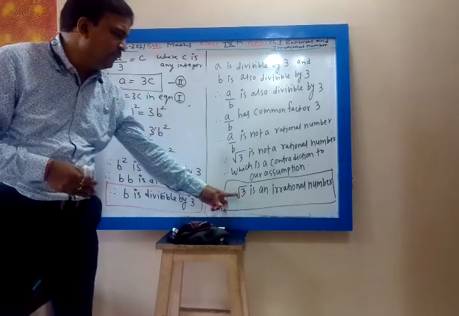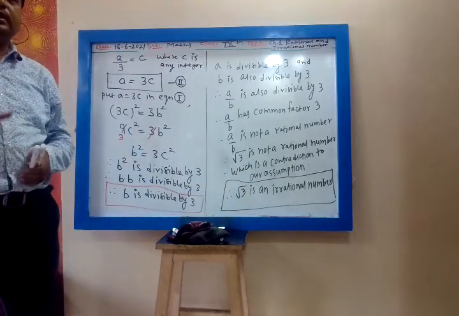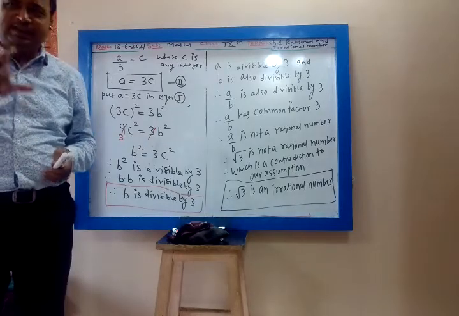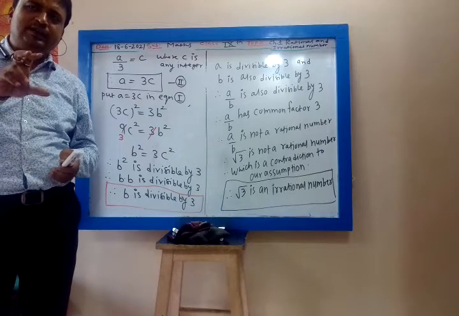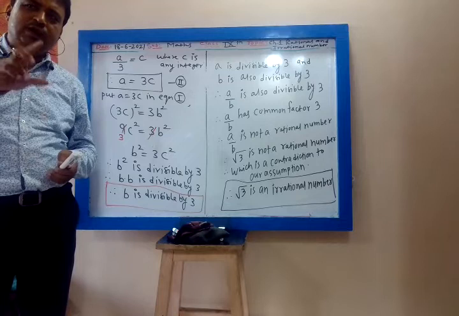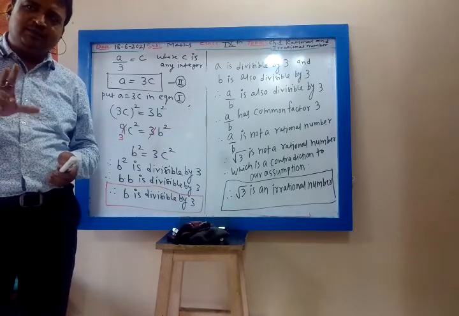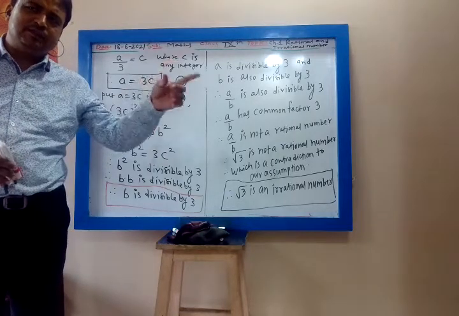The right assumption is that root 3 is an irrational number. My dear, you have studied 2 plus 0 is equal to 2, correct? Where have you studied 2 plus 0 equal to 2? In first standard.